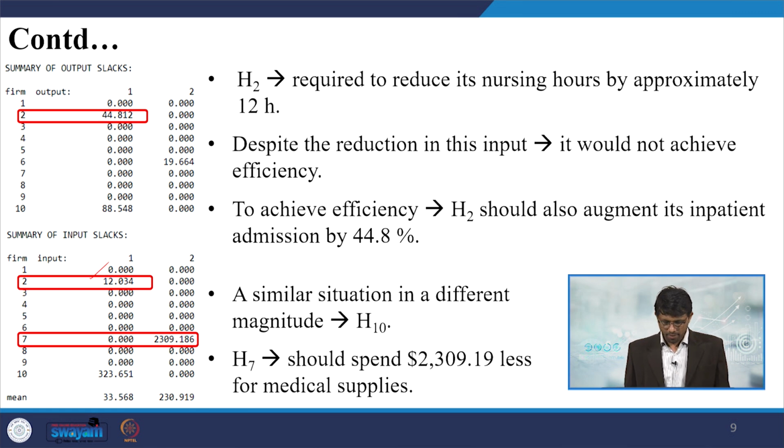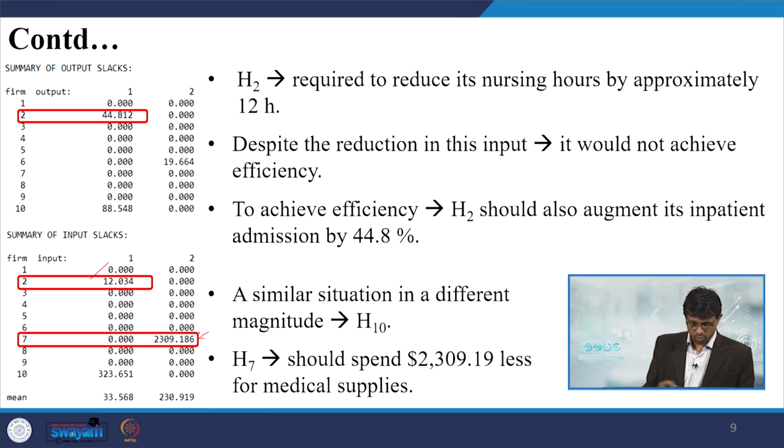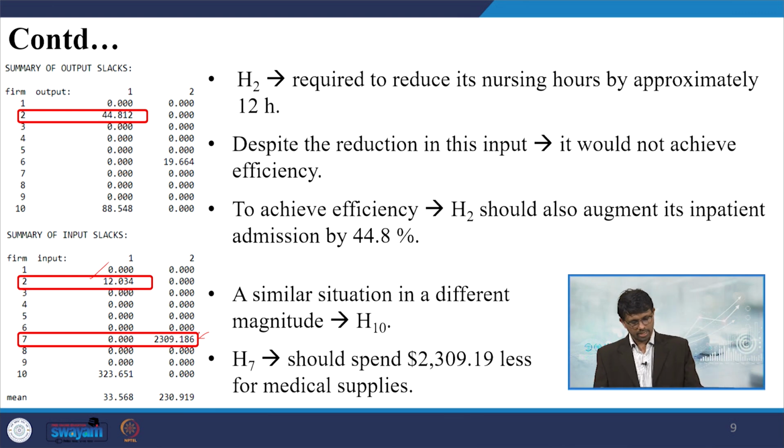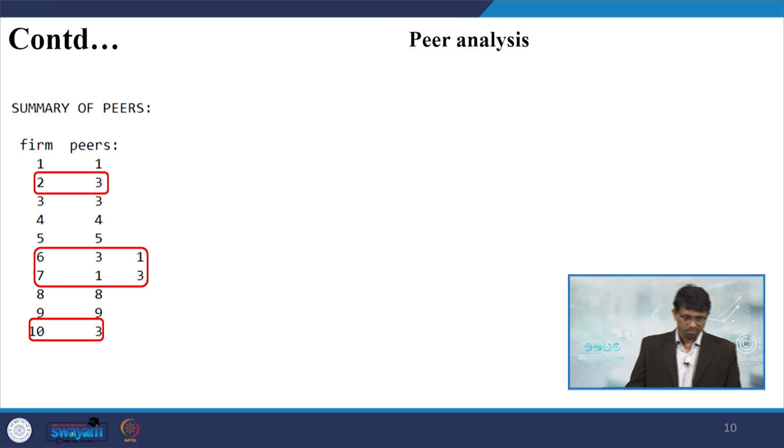H7 should spend, as you can see in the second one that is clearly mentioned, around 2309.19 less for medical supplies. The first case is 0, so the second one is important. So, the second we have emphasized.